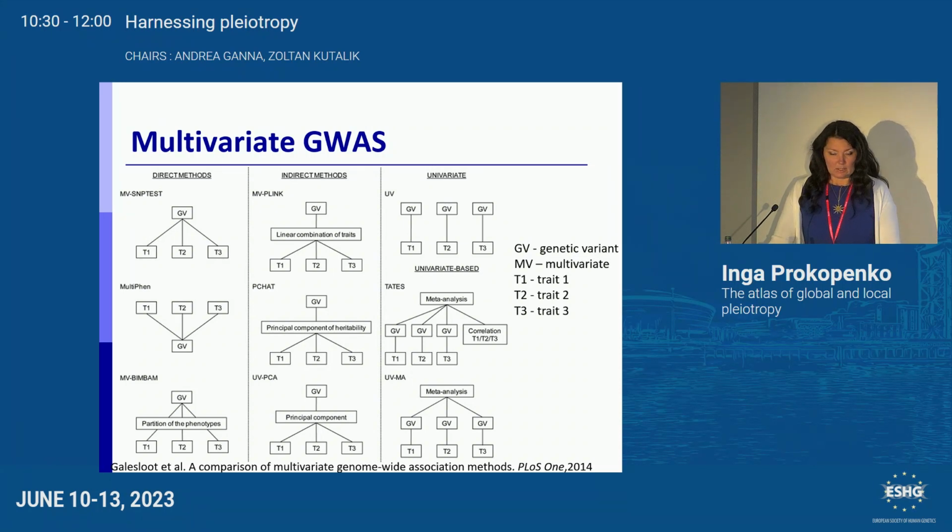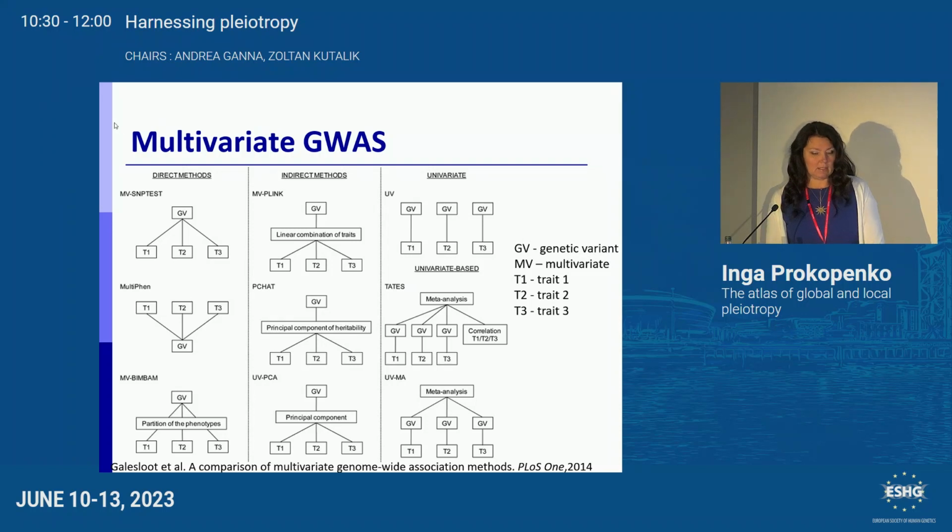And as you can see here, you can subdivide them into main groups, those which are direct methods, indirect methods, and those which actually use univariate analysis. So univariate means single phenotype analysis. And this, the top right corner, is the analysis where we analyze each genetic variant for every single phenotype or trait we want to explore.